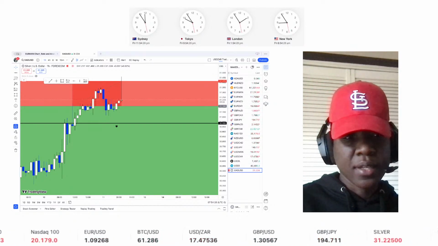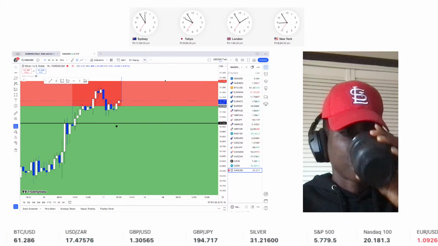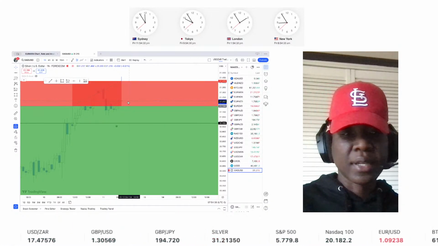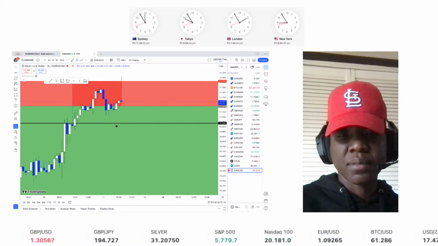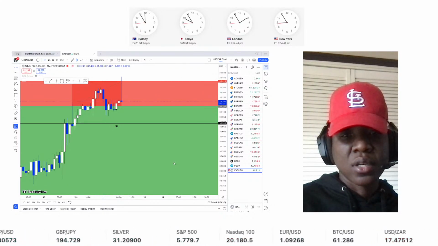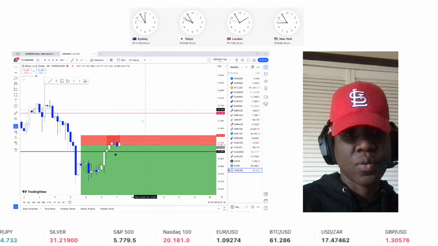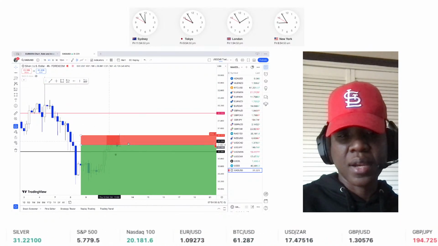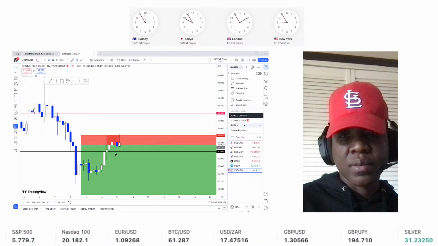So that was that, but it looks like it's gotten to 54. The only thing about that one is that a lot of the other pairs are going up. You know what I mean? A lot of the other commodities are going up. Let me see here.